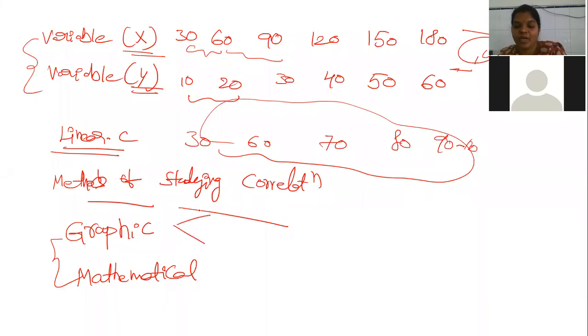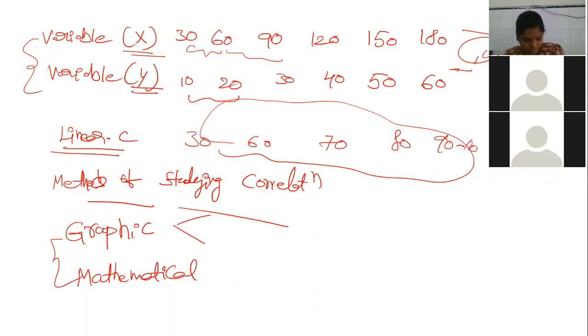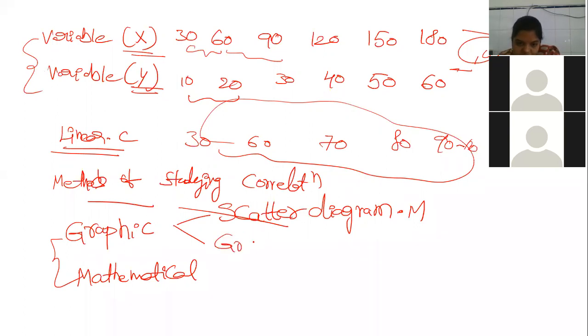Under graphic method, you have two types. First one is the scatter diagram method, and the second one is the graphic method only.